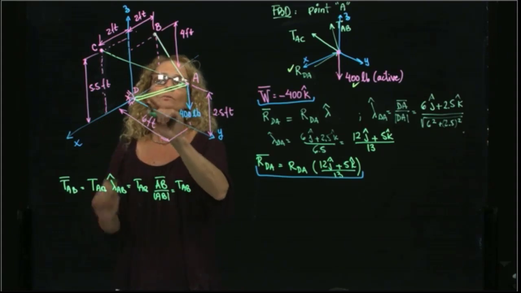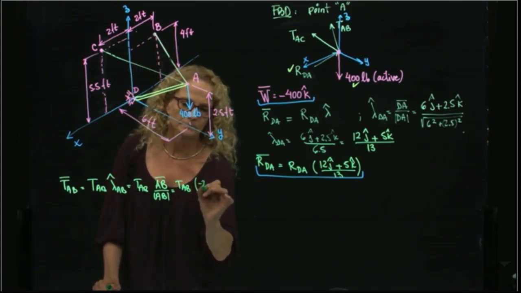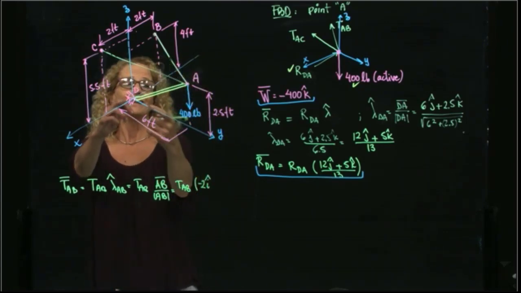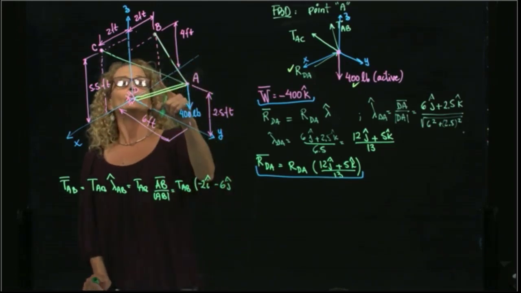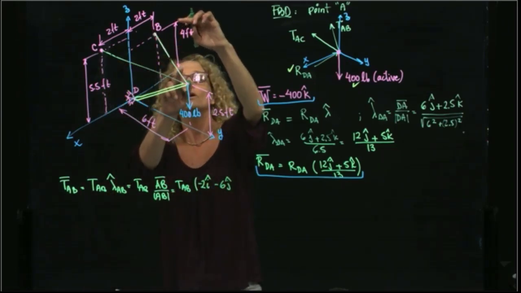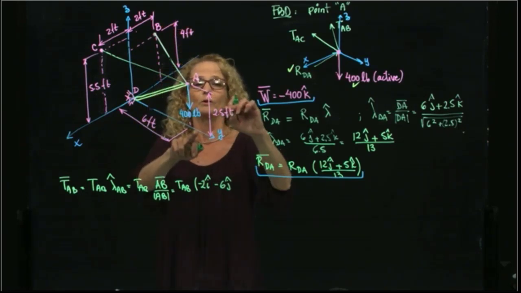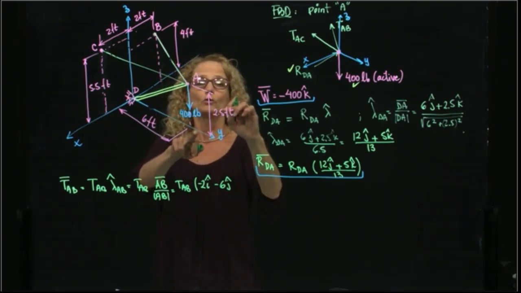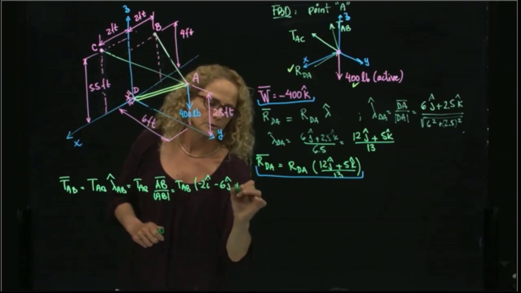So in X, what do I have? I have -2 in I. In J, I have -6 in J. And in K, I have 4 at point B, but A is at 2.5, so I have to subtract 4 minus 2.5.